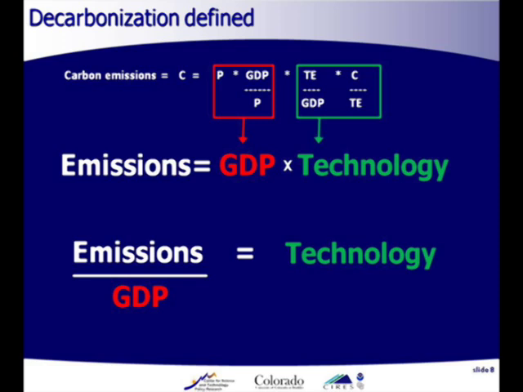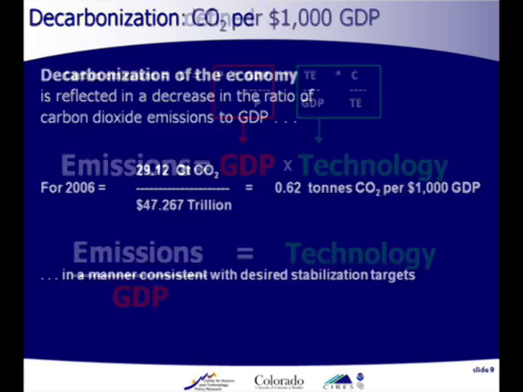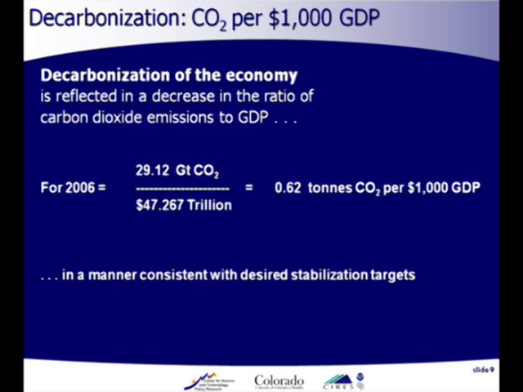So I'm going to use the magic of mathematics to get us focused on what we really should be focused on, which is advancing technology, for which I'm going to use this term called decarbonization. And I'll define that here very precisely. The numbers I'm going to use as I go through some graphs are gigatons of carbon dioxide per $1,000 of GDP.